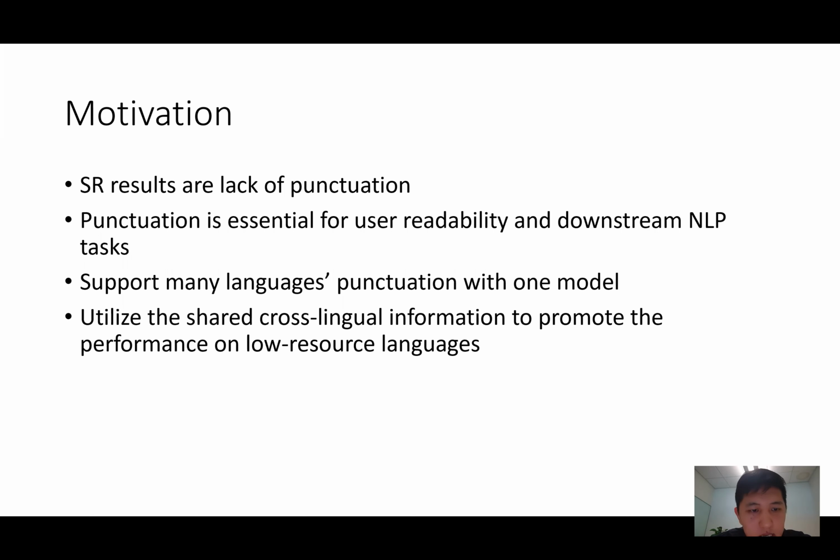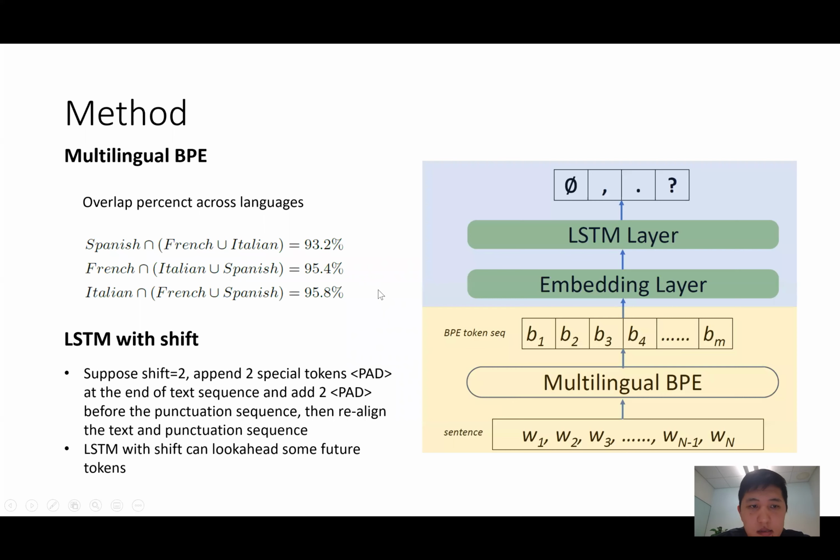We want to support the punctuation of many languages with one model. Our assumption is to utilize the shared cross-lingual information to promote the performance on low resource languages.